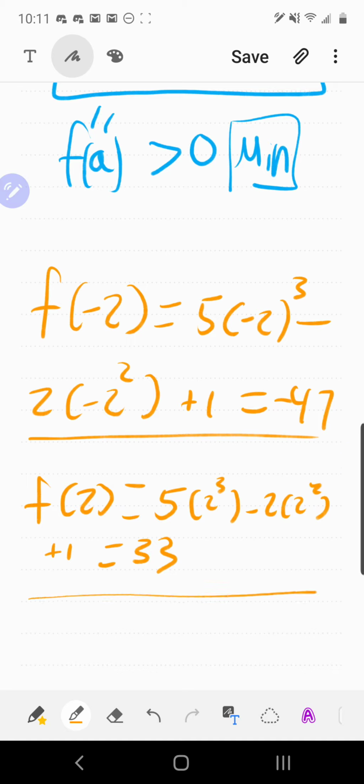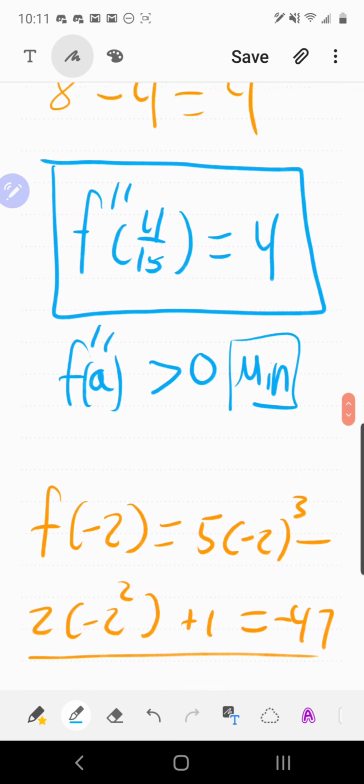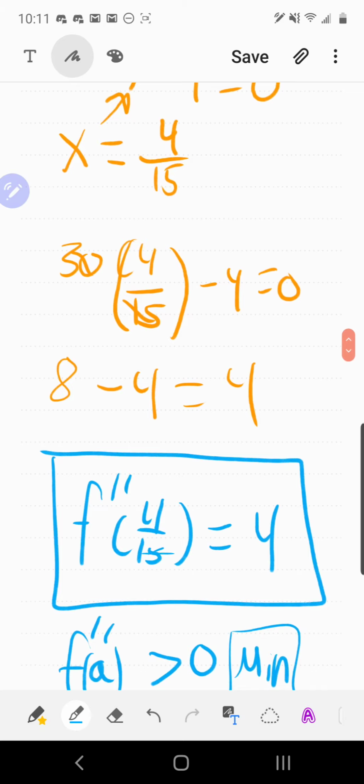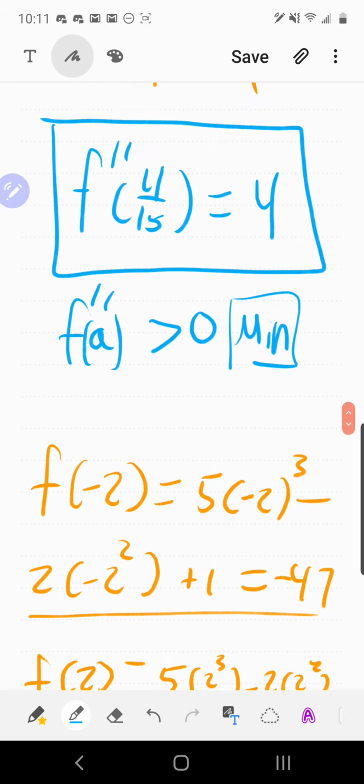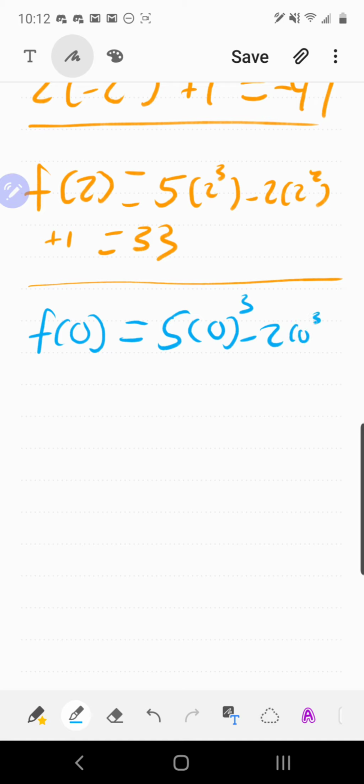So now let's check the two critical values, 4/15 and 0, and see what we get from those. f of 0 is going to equal 5 times 0 cubed minus 2 times 0 squared plus 1, which is equal to just 1.